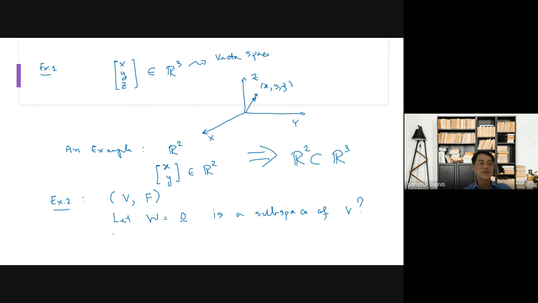And lastly, if you multiply 0 with 0, you get 0. So we can say that W satisfies all 4 properties, so W is a subset of the vector space and is a subspace of V. So it's considered a subspace.